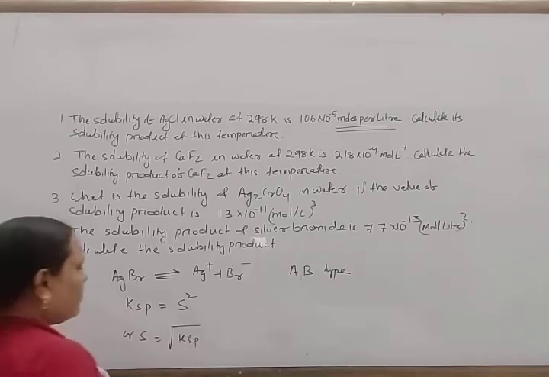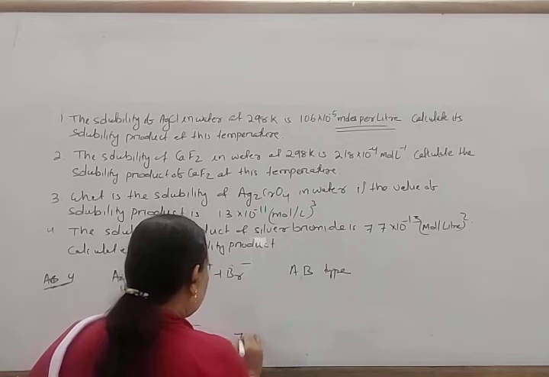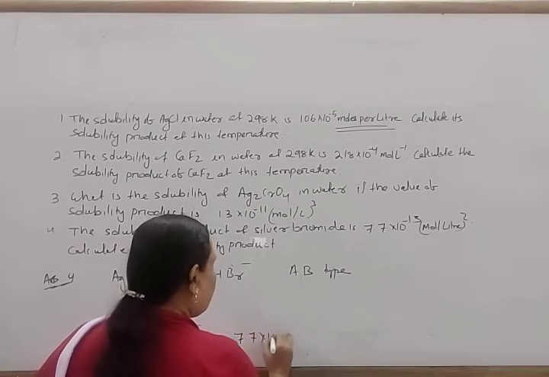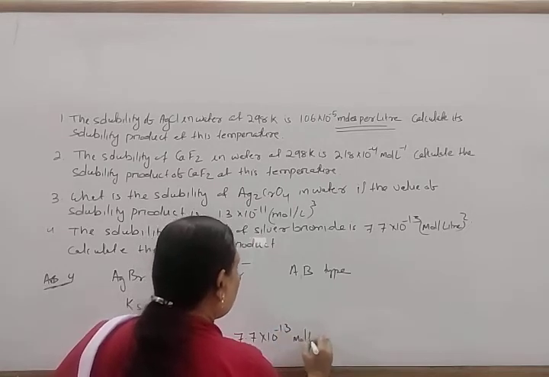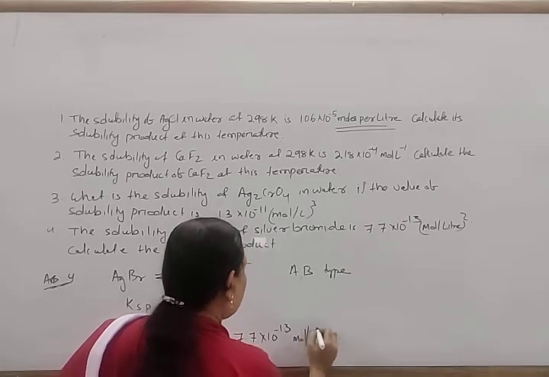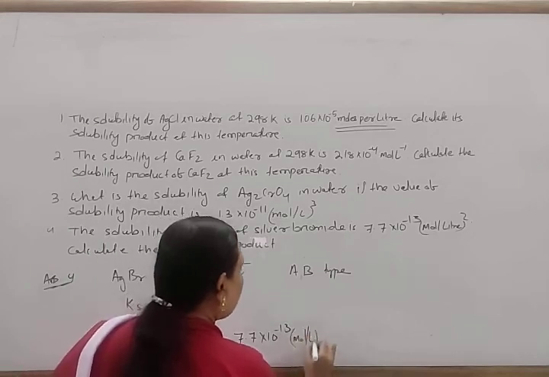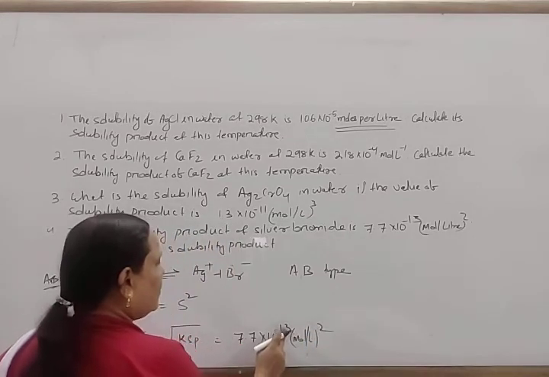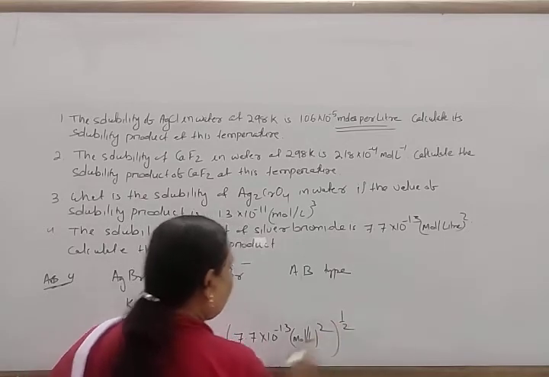And the Ksp value is given as 7.7 into 10 to the power minus 13 mole square per liter square. So just find out the square root of this.